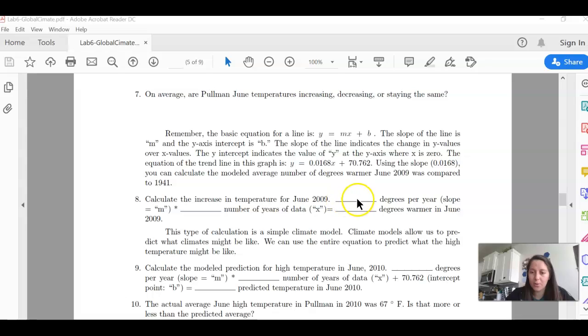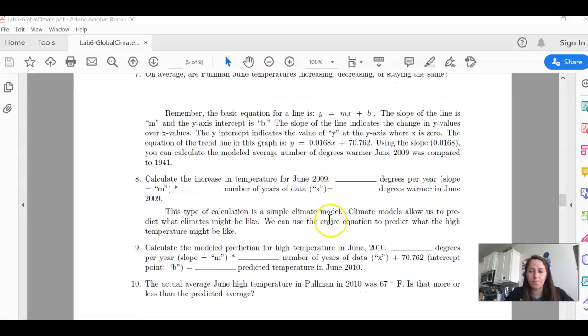And then you would multiply that times the number of years of data. If you are trying to calculate June of 2009, how many years are there between 1941 and 2009? I'll let you input the number of years over here. That will give you a value for x, which is equal to the degrees warmer in June of 2009.